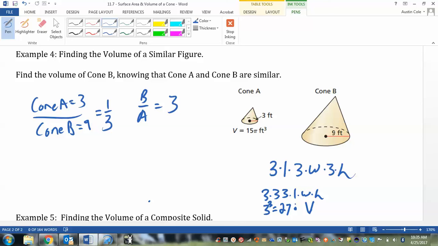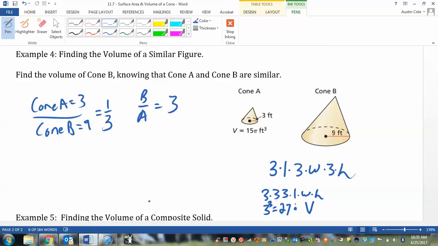So, let's do an example. I think that is a great idea, Eli. So we have our cone here. We're multiplying by 3 for the length and the width and the height. So really we're multiplying by 27, right?